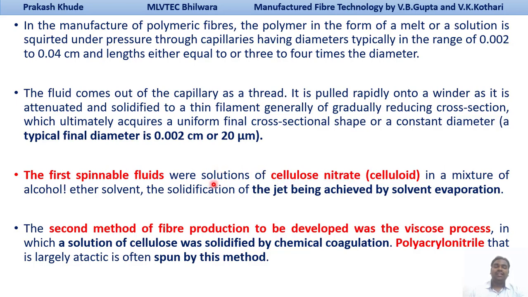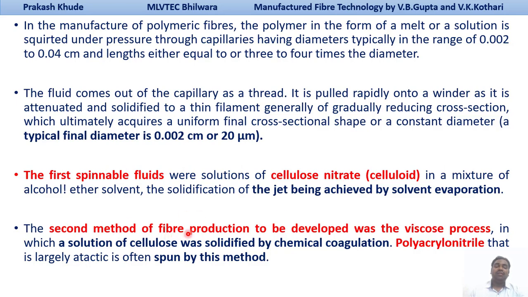They used this solution of cellulose nitrate, or celluloid as it is normally called, in a mixture of alcohol and ether as solvent, and the solidification of this jet was achieved by the solvent evaporation technique. So initially the first spinnable liquid or fluid which was developed and spun was cellulose nitrate, dissolved with the help of alcohol, and the solidification of this jet was achieved by the solvent evaporation technique, like in the case of wet spinning we do. So the first spinnable fluid is cellulose nitrate.